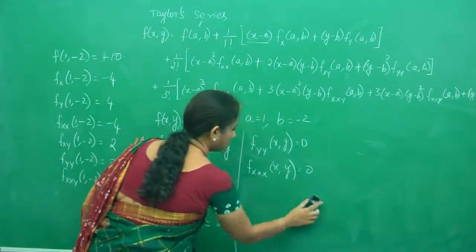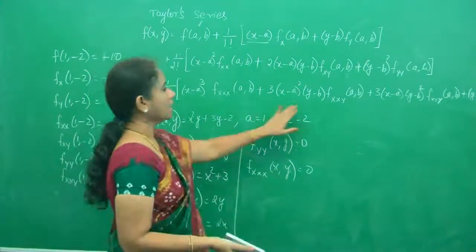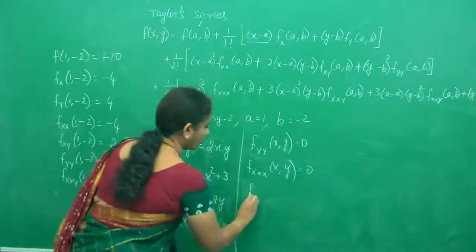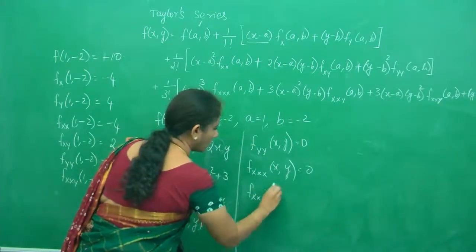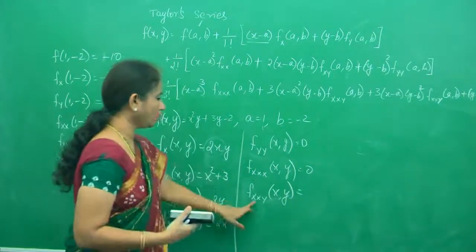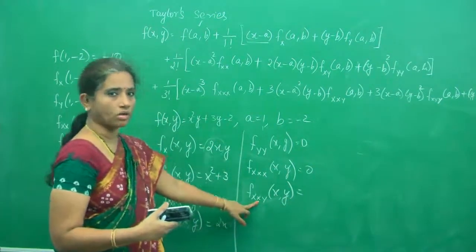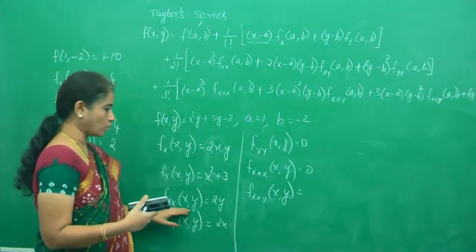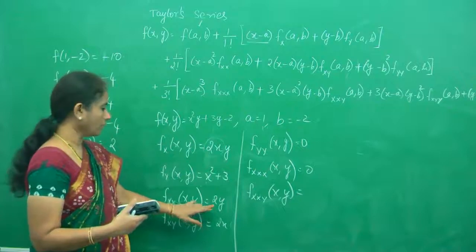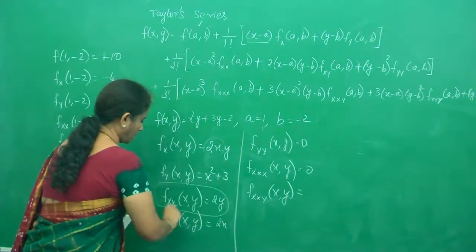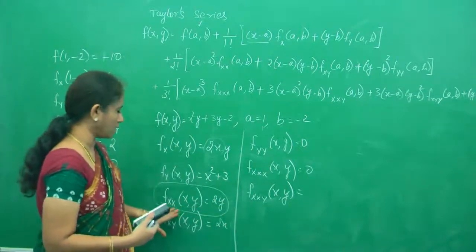Let me erase this part. And what is next? fxxy. Okay. So fxxy of xy, where we have already differentiated twice with respect to x. I am going to take that term, fxx of xy. That is this line. Okay. xx is done here, ready.